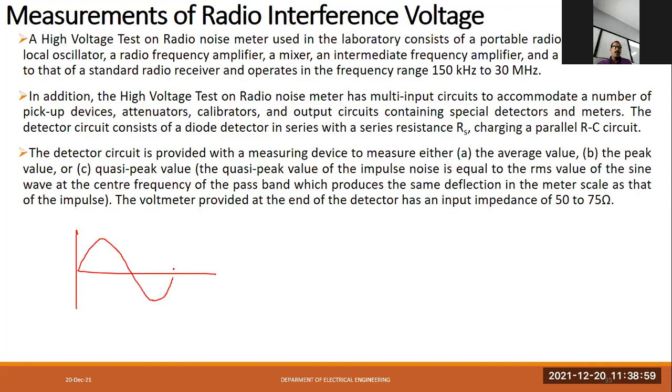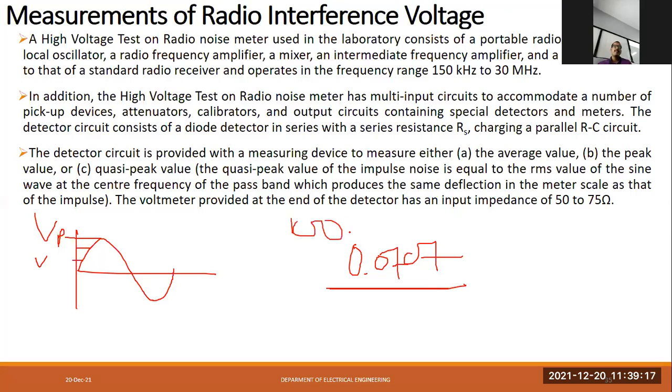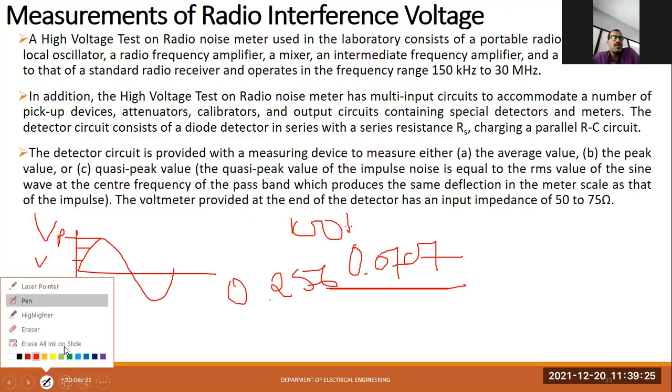This is the peak value, this is the quasi-peak value, and this will be our average value, which lies around 0.0707. The peak value will be at 100%, and the quasi-peak value will be at 0.256. In that way you will get the three values.